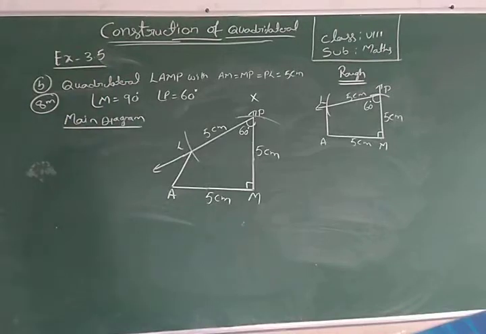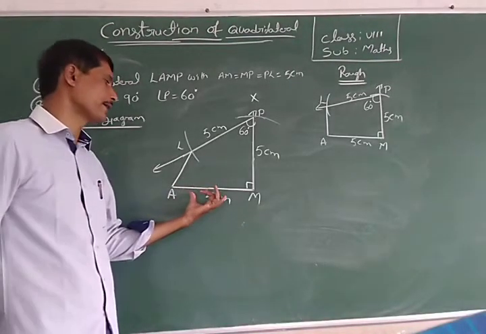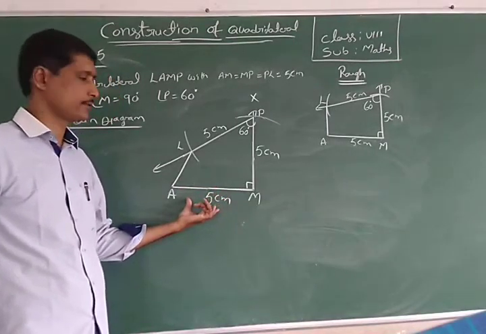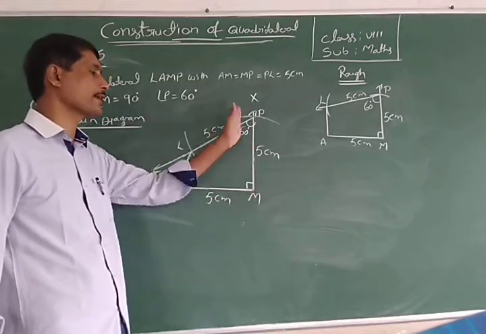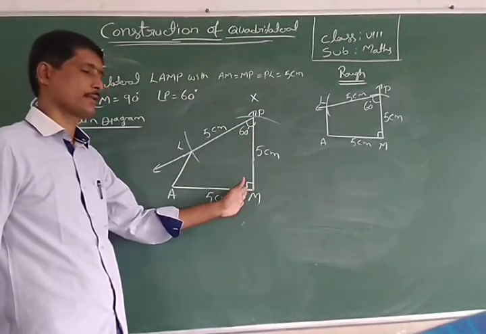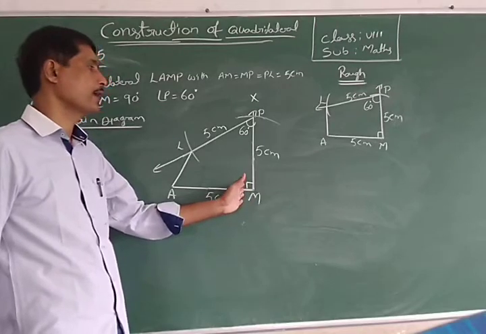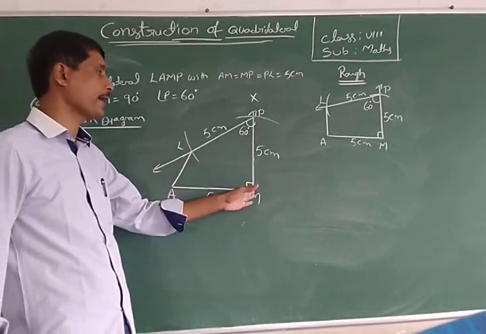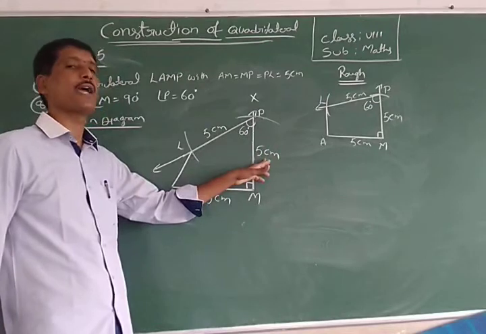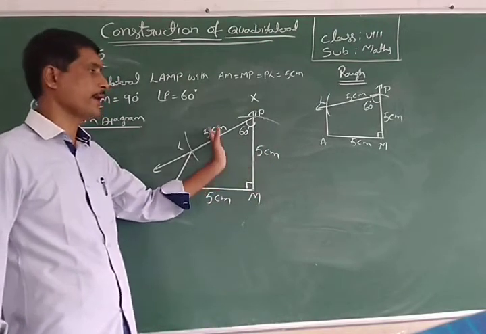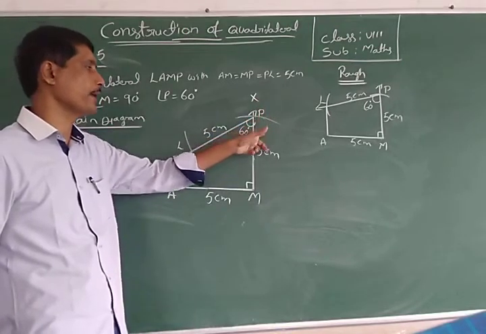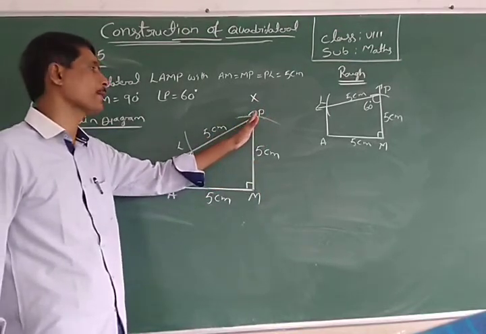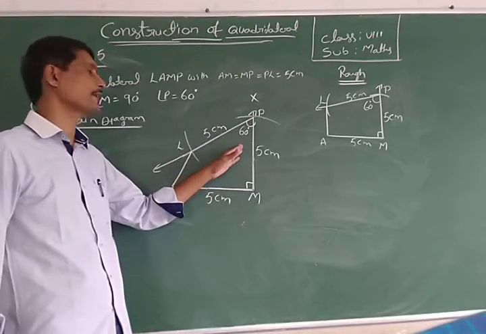One more time, see the main diagram, this one. First one, draw a line segment that is 5 centimeters. Okay. Next, take M as the center, measure the angle that is 90 degrees. Next one is take M as the center, draw the arc with 5 centimeters. The ray and arc are intersecting at one point. The point is P. Next, take P as the center, measure the angle 60 degrees.